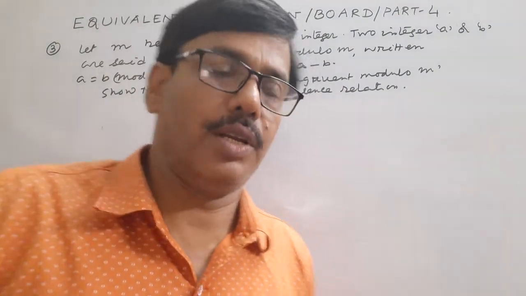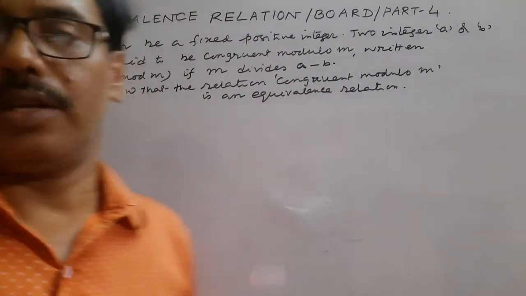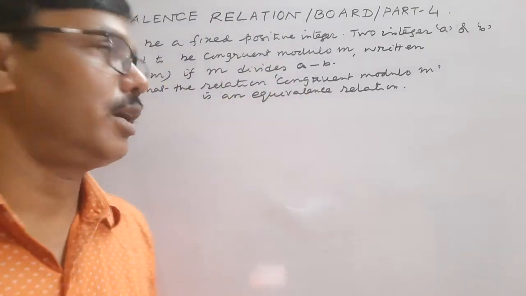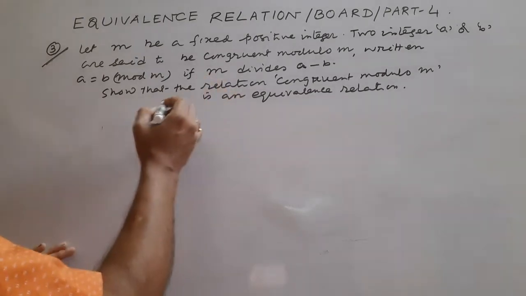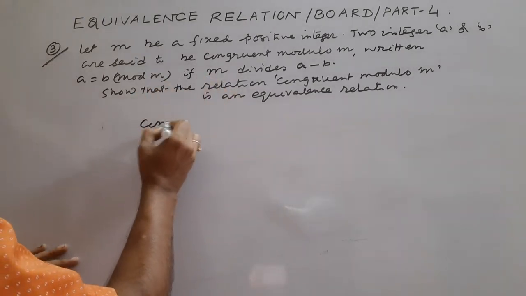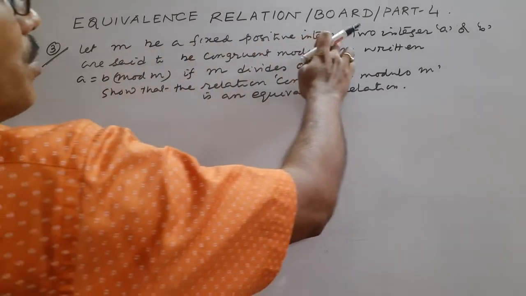Now we consider problem number 3. Here a definition is given: congruent modulo m. Let m be a fixed positive integer.